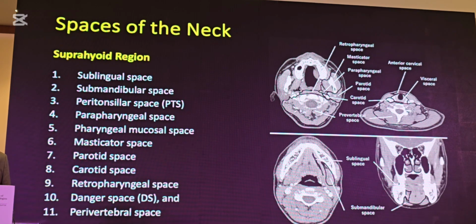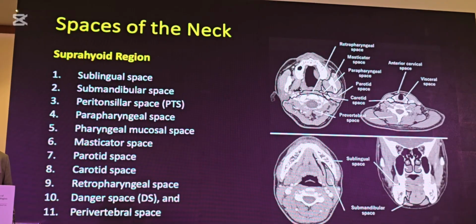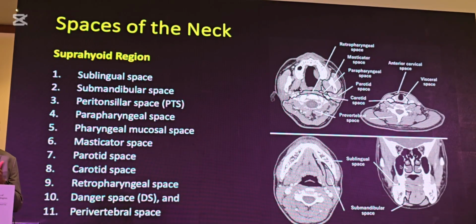Okay, so the same in coronal view. When you see a little more anterior, that is the sublingual space. When you see posterior, it will be the submandibular space. At one point, both will be seen. That's the point here. So this is sublingual. How do you know whether it is anterior or posterior? By seeing the maxillary sinus.